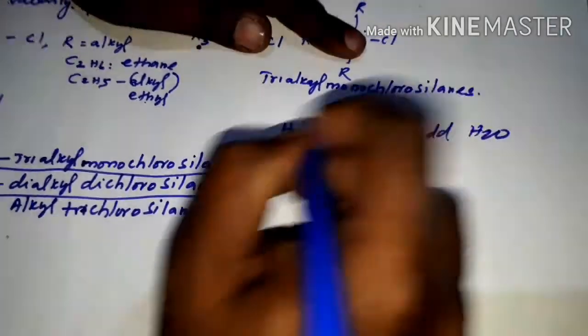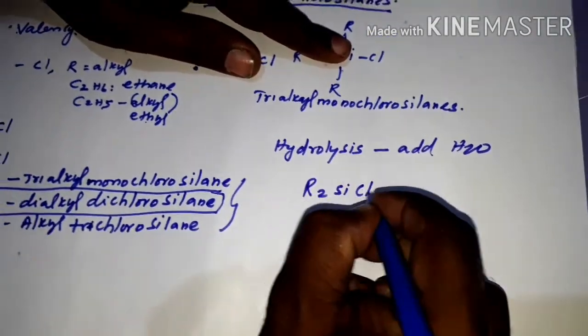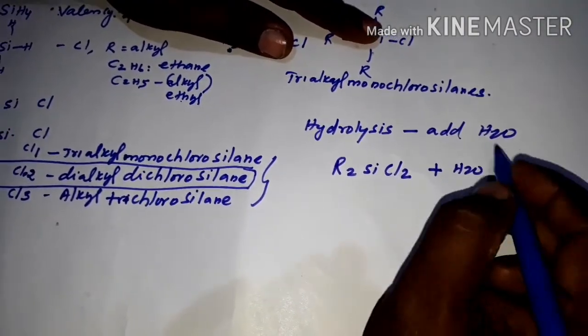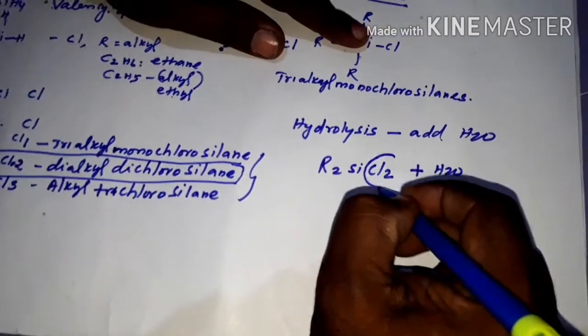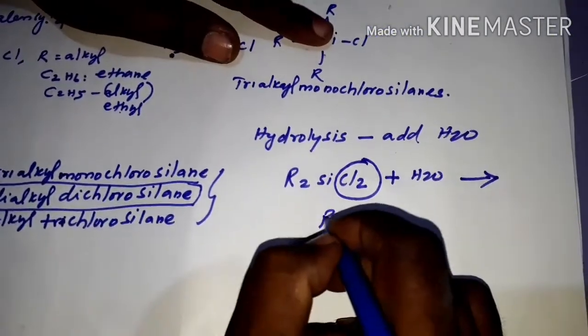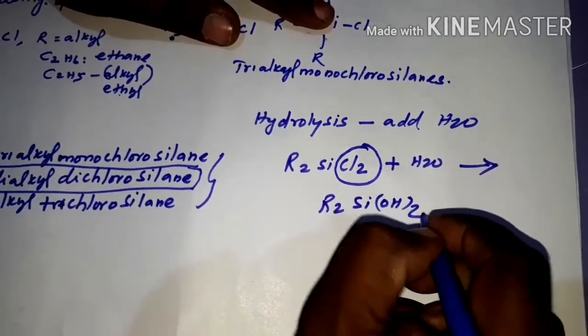The 2 chlorine atoms will be replaced, and you will get R2Si(OH)2.